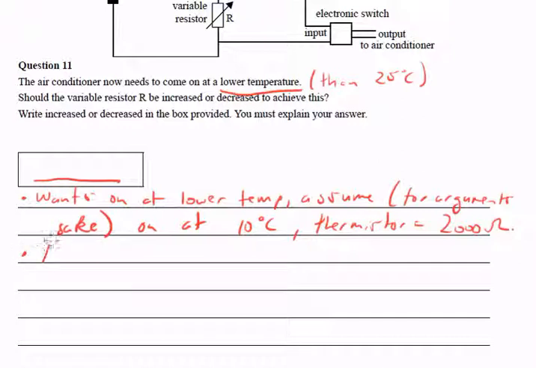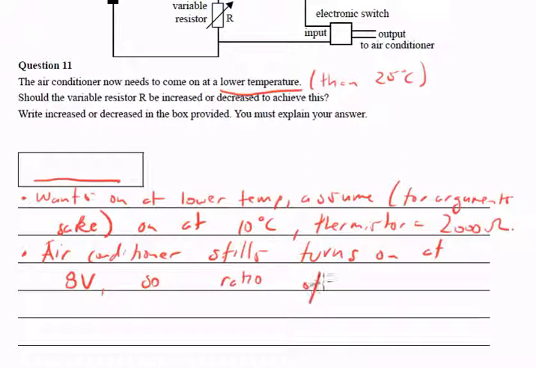Right, the air conditioner still turns on at 8 volts, so ratio of resistances must be maintained.